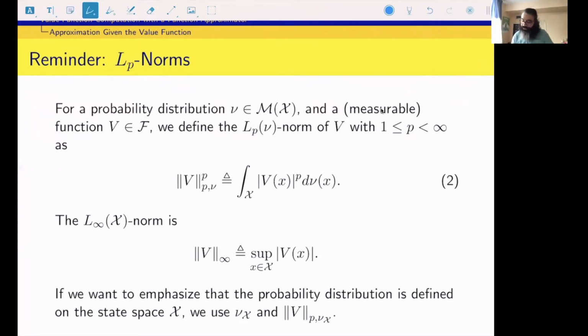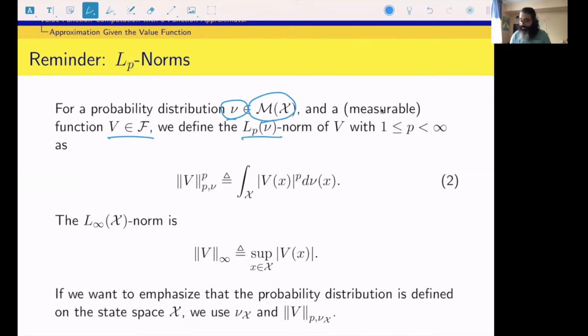Suppose we have a probability distribution nu that belongs to the space of distributions defined over some domain. Here I'm writing it as X because we use X for states, but it can be any domain that we are talking about or want to define. And then we have a function, a value function V. In general, it's not necessarily a value function, but it can be anything.